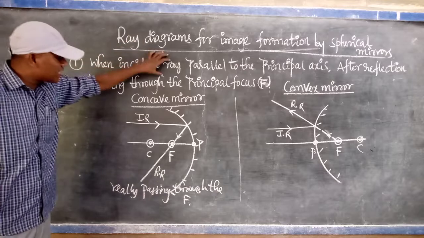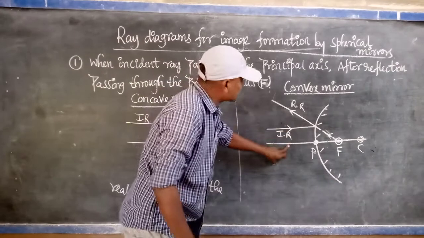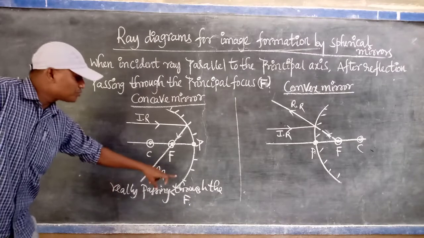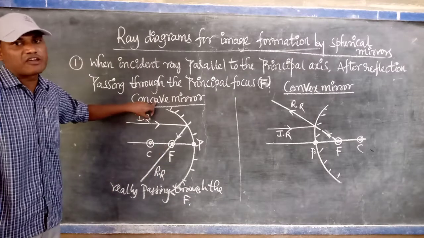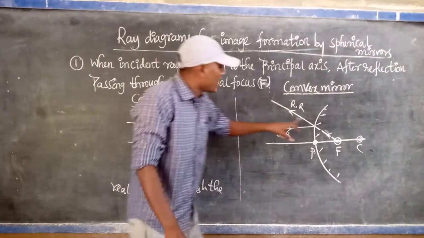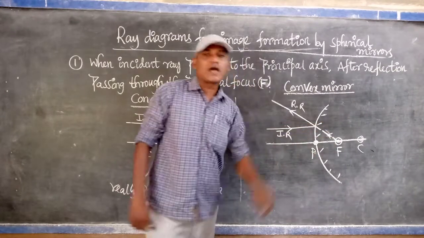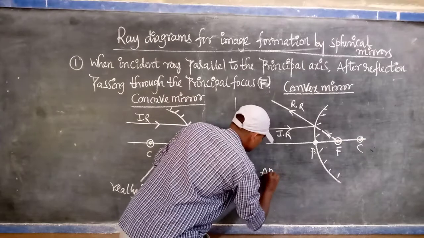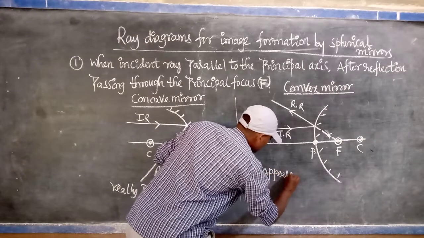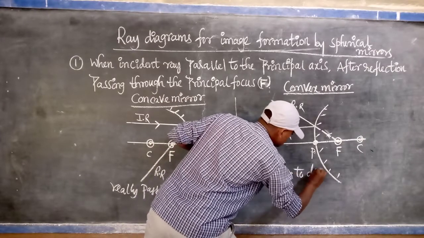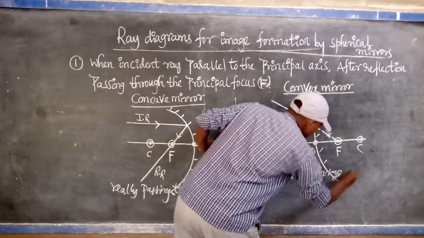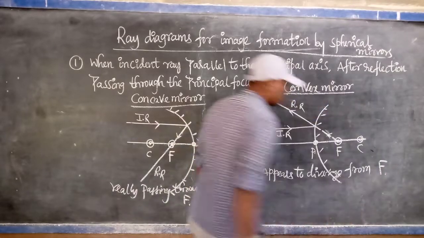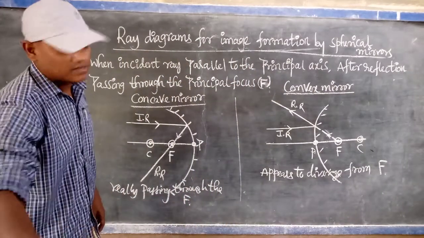When an incident ray is parallel to the principal axis, after the reflection it really passes through the principal focus in a concave mirror, and appears to diverge from the focus in a convex mirror. Appears to diverge from F, meaning principal focus. This is one.